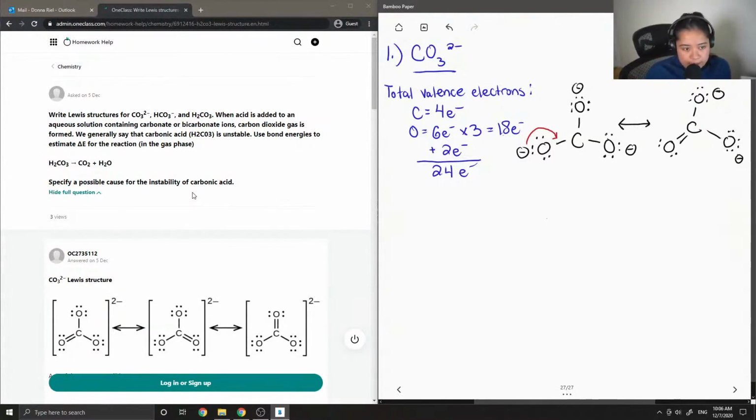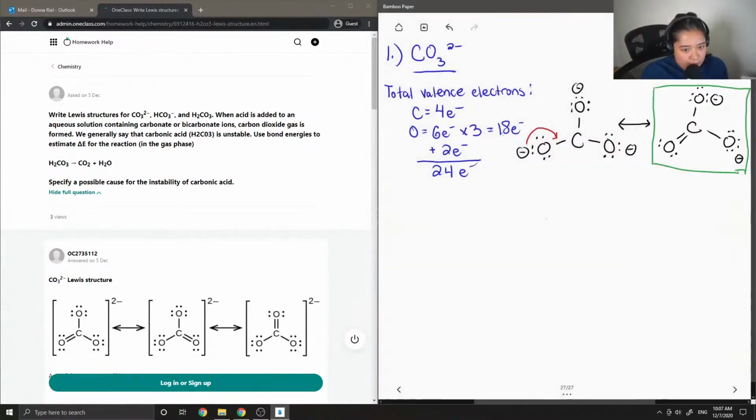Let's double check that we have our 24 electrons: 8, plus 8, 16, plus another 8, 24. The correct Lewis structure I will box in green for the carbonate ion.